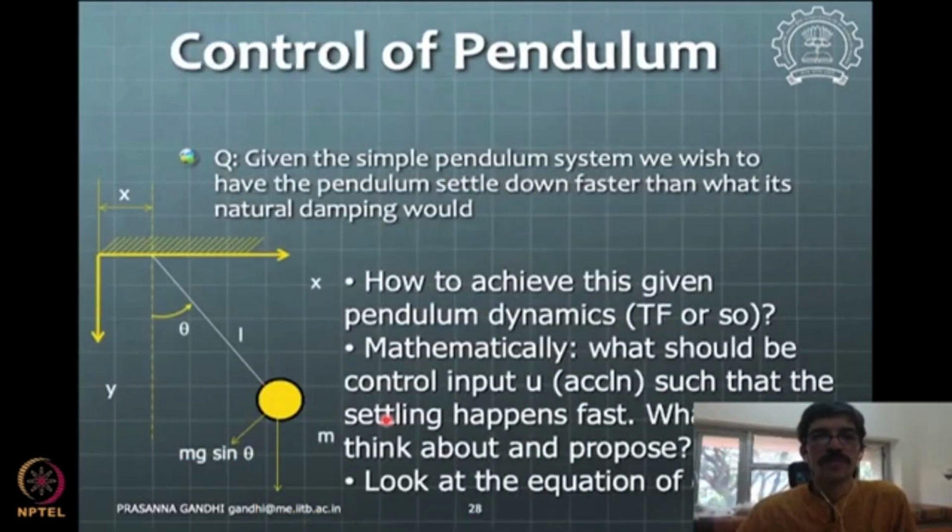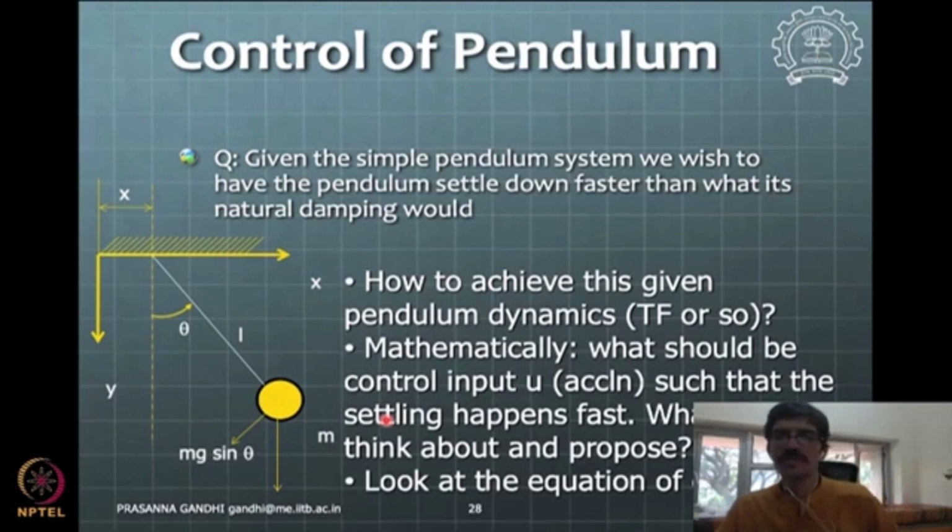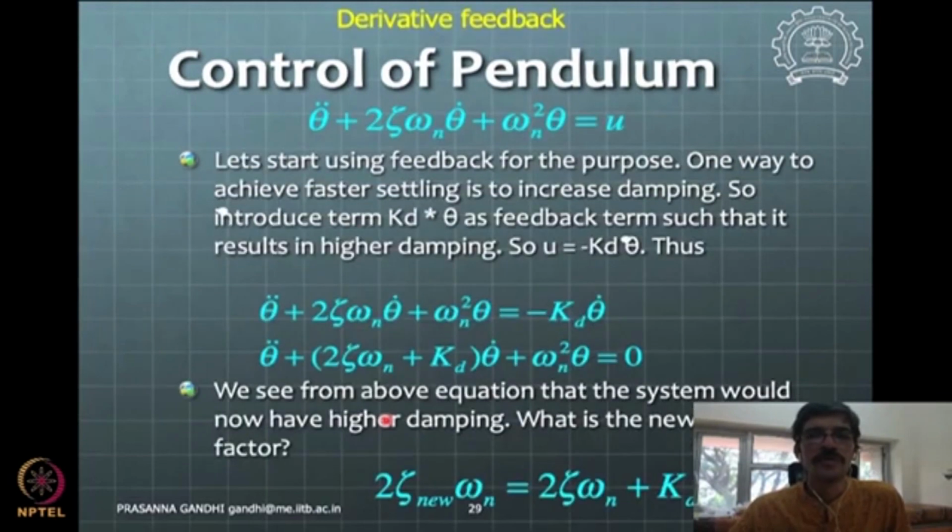So we propose a PD control or P control, or all these different kinds of controllers can be done. Some discussion that you can find here. It is pretty simple to follow through.